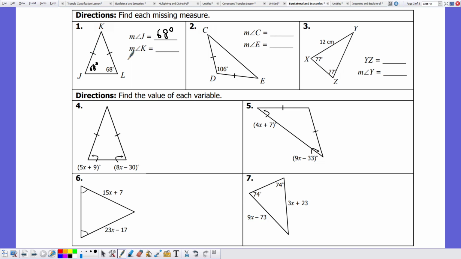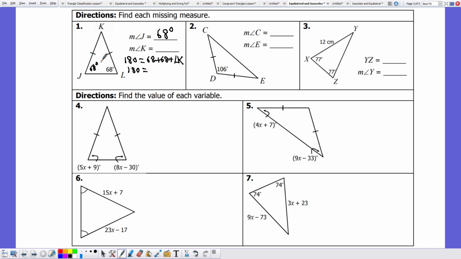So I'm going to say that 180 is equal to 68 plus 68 plus angle K. And then we can just simplify this equation and solve for angle K.